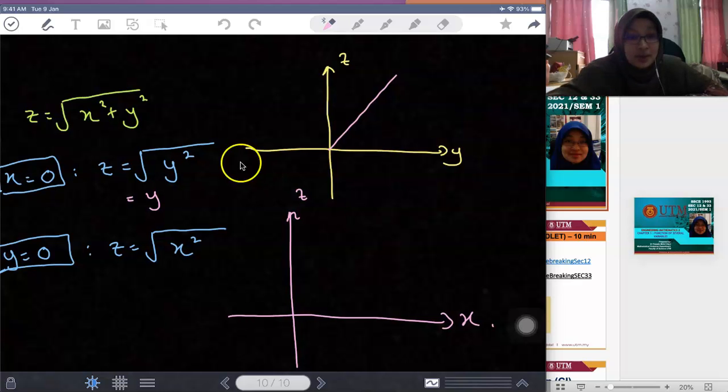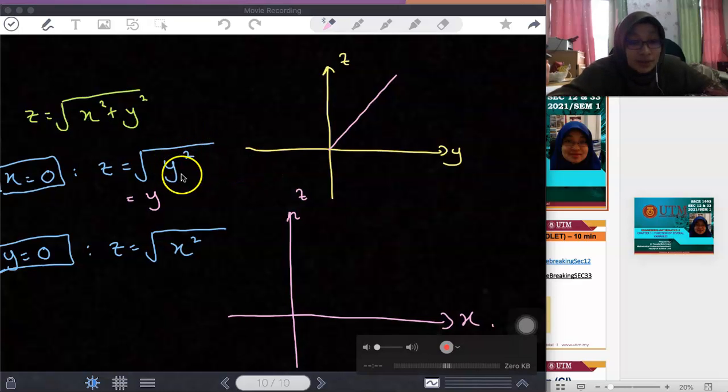Now back to the original expression. Look at the y here, just focus on y squared. You have to make sure that the value here must be positive or equal to 0, isn't it? Can I put y negative? Can I put, let's say, negative 1 and then square, negative 100 and then square?